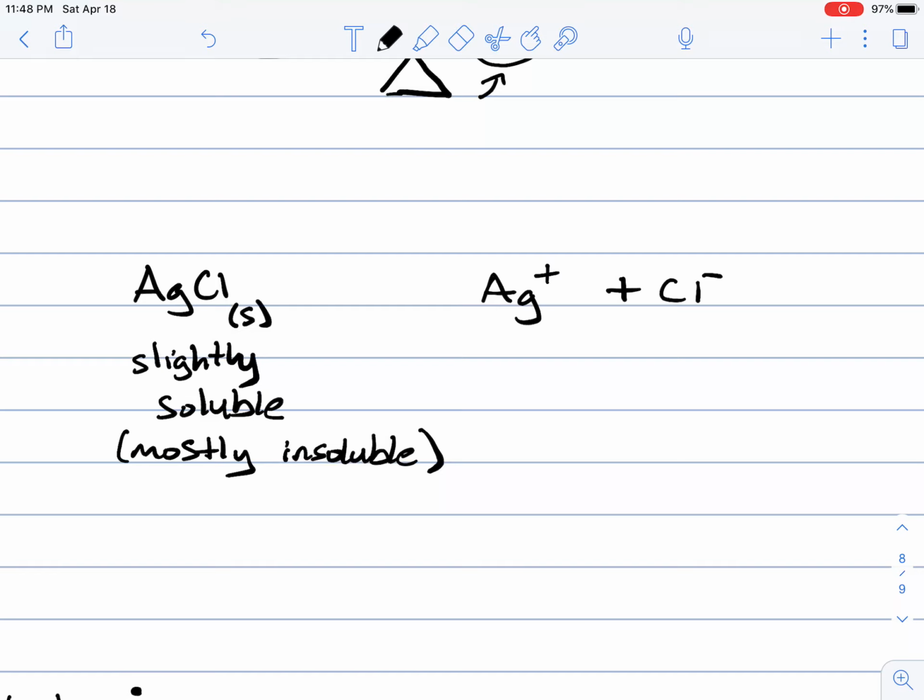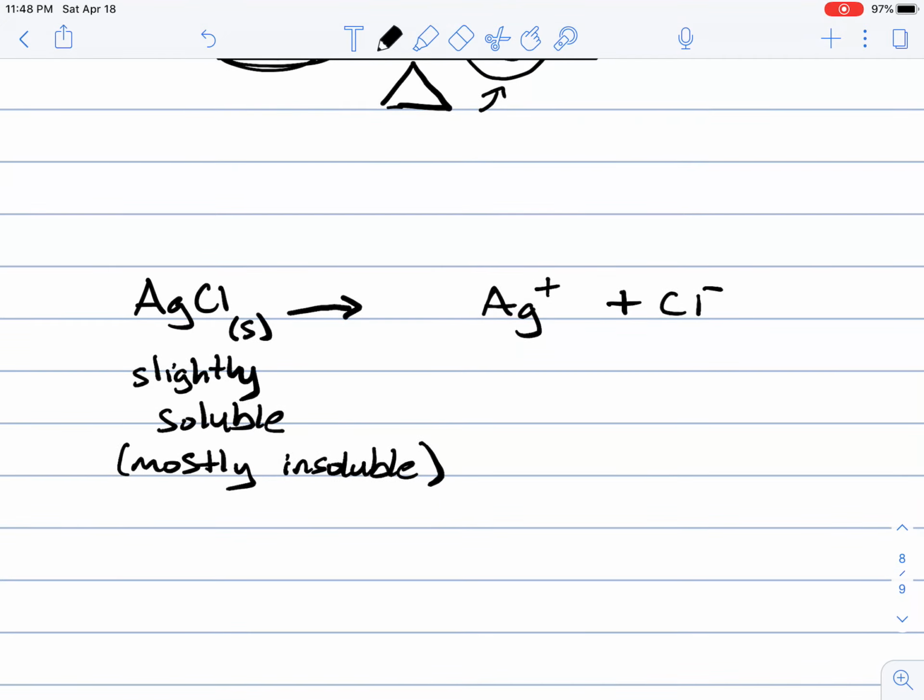Since silver chloride is slightly soluble and mostly insoluble, the forward reaction, the separation of the silver chloride to produce silver ion and chloride ion, is really not as favorable compared to the reverse, right? So naturally, this silver ion is going to come together with this chloride ion to produce your slightly soluble salt.